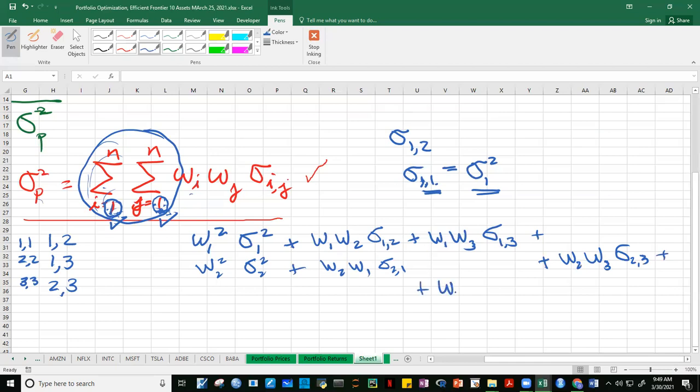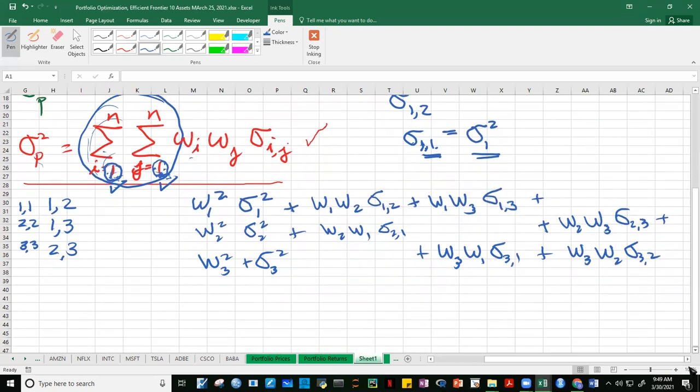Plus weight of 3, weight of 1, covariance of 3, 1. And then, weight of 3, weight of 2, covariance 3, 2. Right? Yes, sir. And then, weight of 3 squared, di ba? Plus variance of 3. Okay, so yan ang lahat ng elements ng 3 asset portfolio.